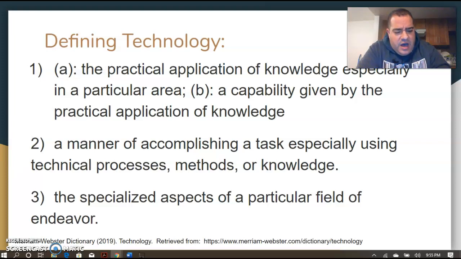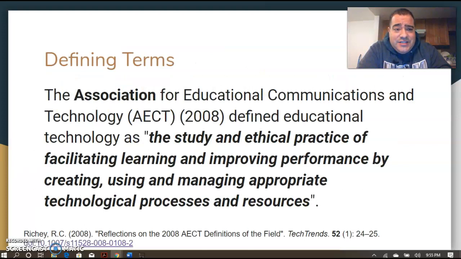Now, when we combine the words education and technology together, we look at the overall term of educational technology. Educational technology has evolved as a definition over time. One of the more recent ones that's provided to us by the Association of Educational Communication and Technology, or the AECT organization, is that educational technology is defined as the study and ethical practice of facilitating learning and improving performance by creating, using, and managing appropriate technological processes and resources.